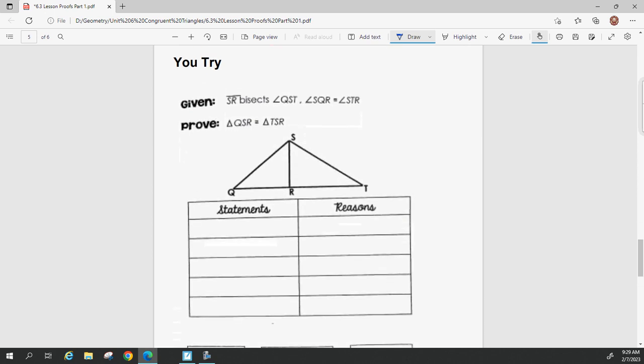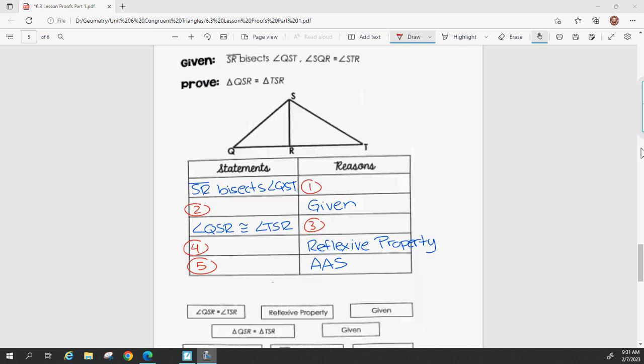So I have one of these for you to try. I'm going to pause and fill in some of the statements and reasons, and you should pause and copy down the picture and the information so that you can mark up the picture. So hopefully you've copied this picture down. We're going to fill in the blanks here basically.